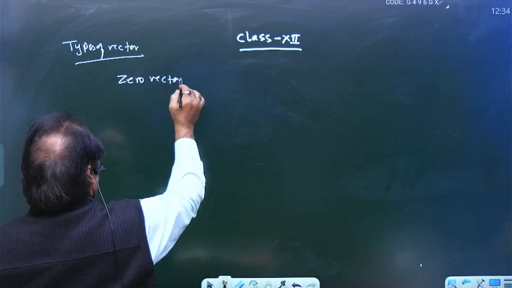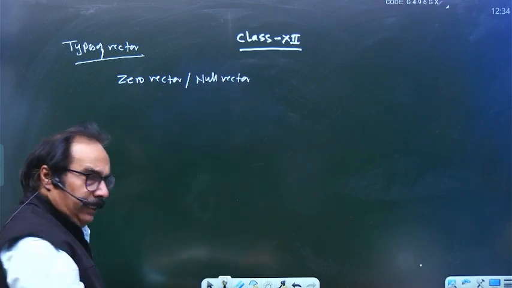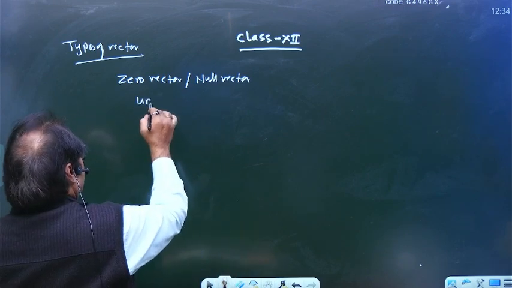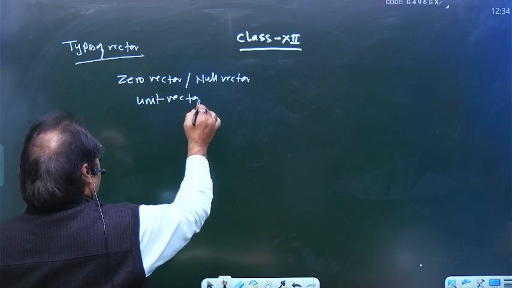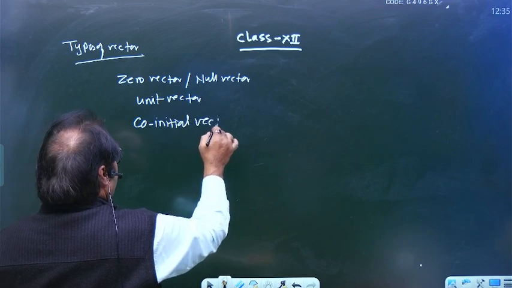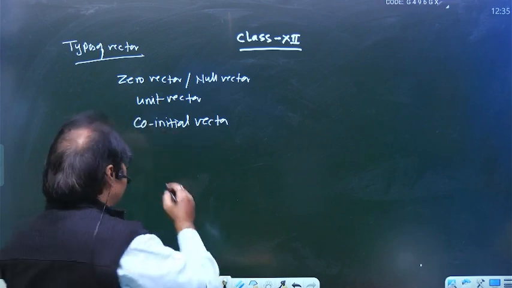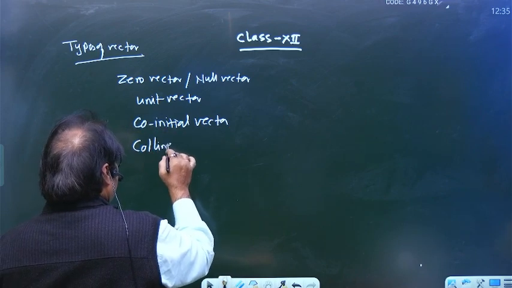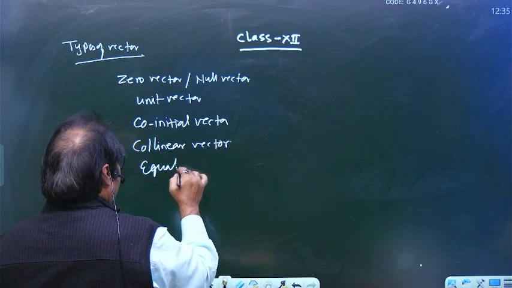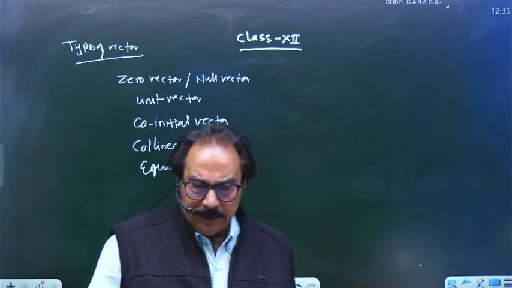Then the second is the unit vector, then co-initial vector, and collinear vectors, and equal vector. Because your first exercise is based on this concept only.